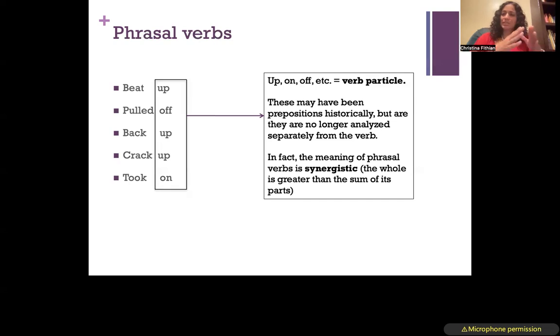So we're not taking the meaning of each word, crack and up, literally. We just know as English speakers that when you put those two things together, that means to laugh out loud. This is something that phrasal verbs are very difficult for English language learners, precisely because they cannot predict the meaning of many of them based on the individual units of the phrasal verb. They're just something that you have to memorize.